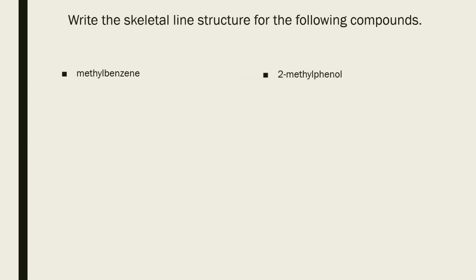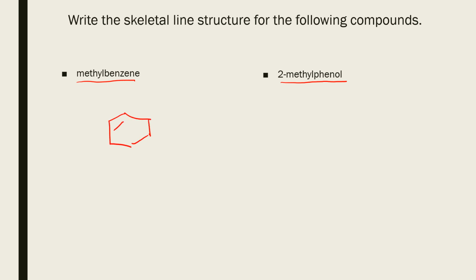Let's write the skeletal line structures for these compounds. So the first compound is methylbenzene and the second compound is 2-methylphenol. So when we write the structures, you will see the similarity between these two compounds. So let's first write methylbenzene. The parent aromatic hydrocarbon in methylbenzene is benzene.